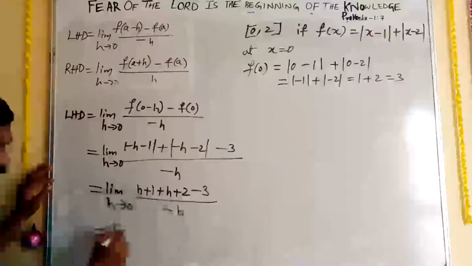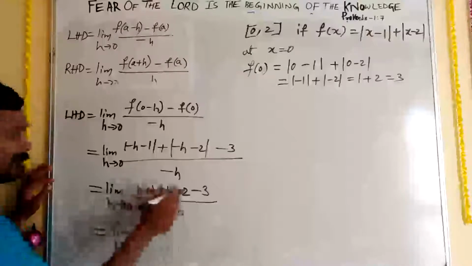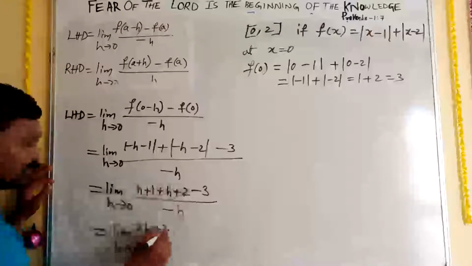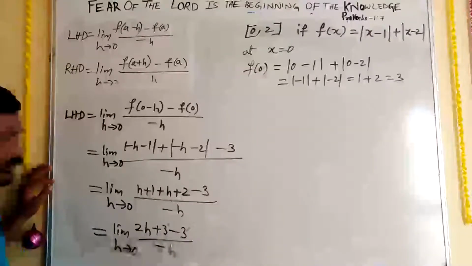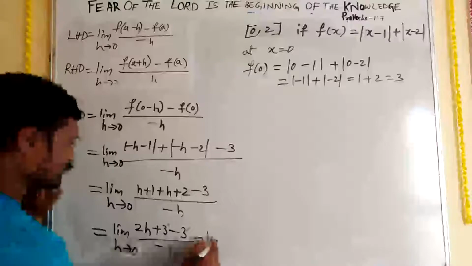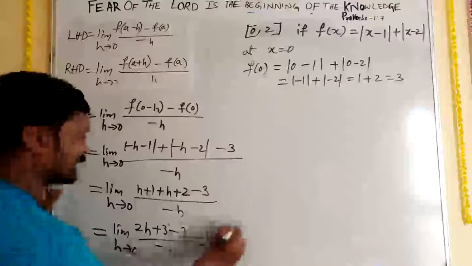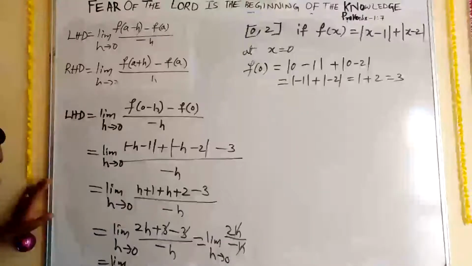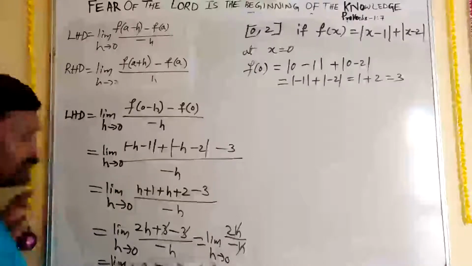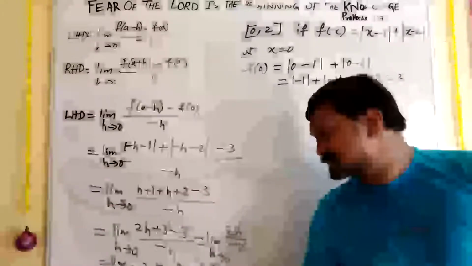So that is equal to limit h tends to 0, h plus h is 2h, 1 plus 2 is 3, and here minus 3 upon minus h. Both get cancelled. This is equal to limit h tends to 0, 2h upon minus h. h gets cancelled. That is limit h tends to 0 of minus 2, which is nothing but minus 2. Equation number 2. So your LHD you got as minus 2.